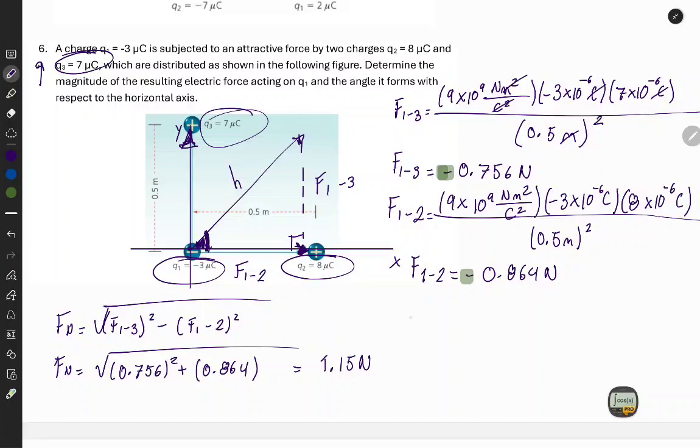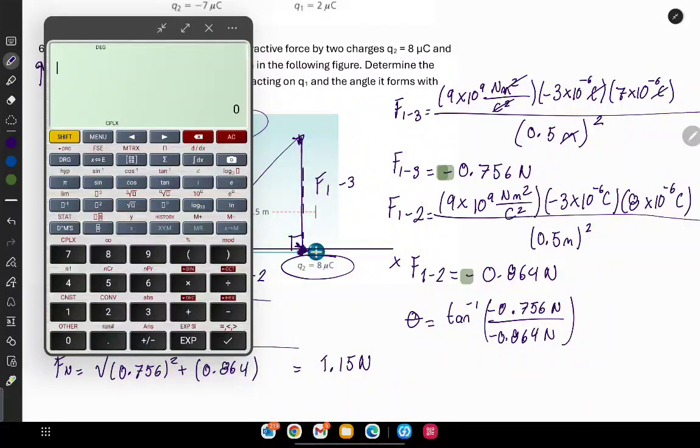To calculate the angle with respect to the horizontal axis, the x-axis, you can use the tangent. The angle is equal to the inverse tangent of the force F13, 0.756 newtons, divided by 0.864 newtons.